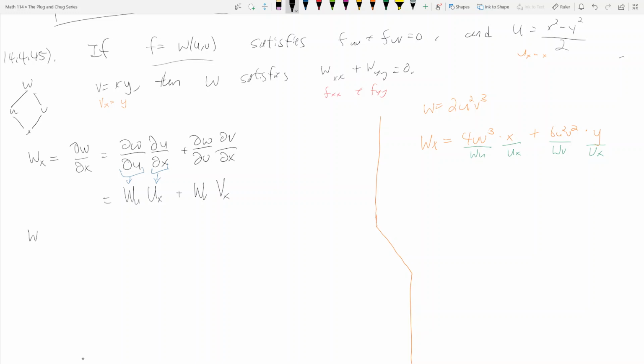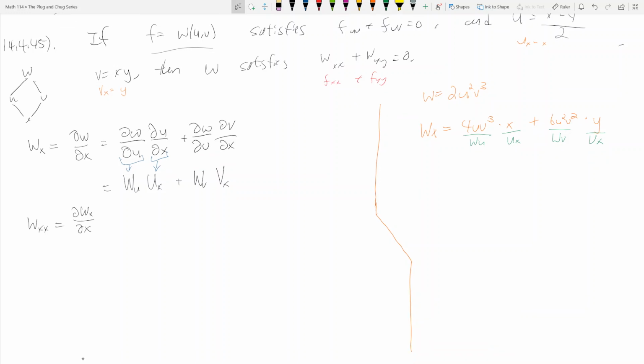Well, now I want to take the second derivative with respect to x, right? So w_xx is the partial of w_x with respect to x, because it's the second derivative of w, or the first derivative of w sub x with respect to x.